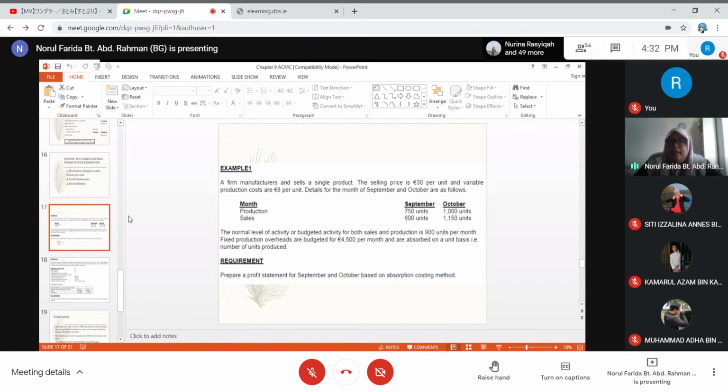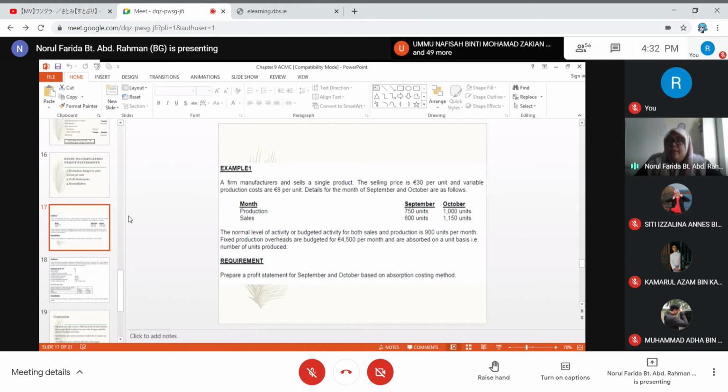Okay, the normal level of activity or budgeted activity for both sales and production is 900 units per month. Fixed production overhead are budgeted for 4,500 per month and are absorbed on a unit basis, that is the number of units produced. Okay, requirement is to prepare a profit statement for September and October based on absorption costing method.